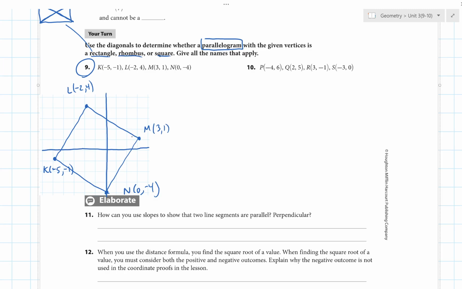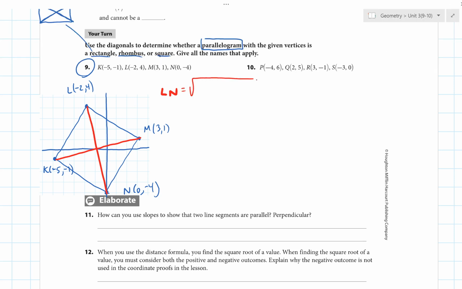So I have plotted all 4 of the points, and now we're going to use the diagonals to determine what kind of figure this is. So first thing we want to do is find the length of the diagonals and see if they're congruent. And so we could find the length of LN by doing the distance formula.